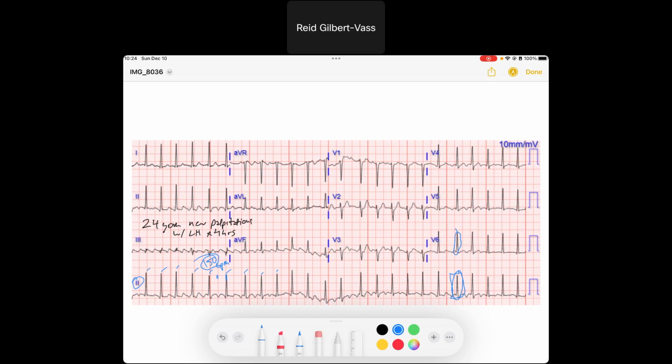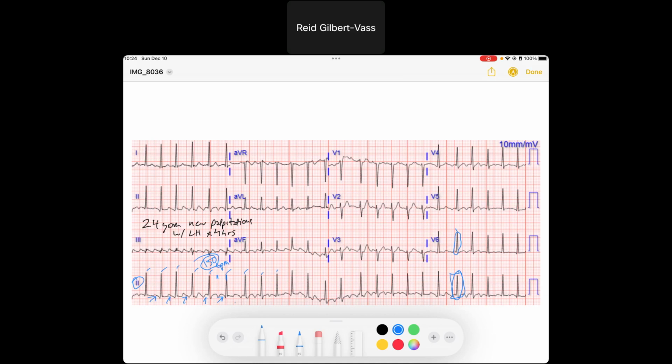And so let's see what the atria is doing. Let's just march down our algorithm here. I'm looking for P waves that are kind of discernible, and I don't see any consistent P wave that looks the same.